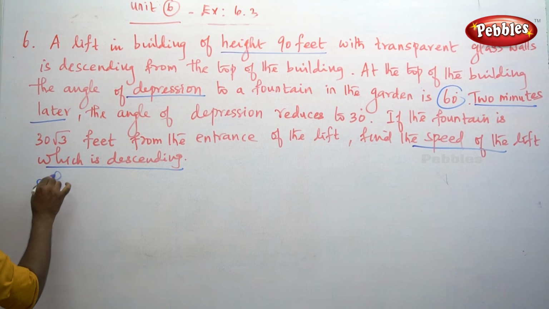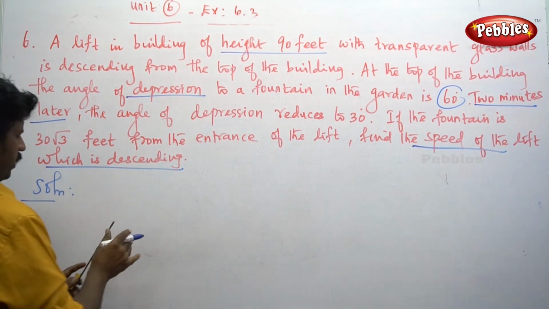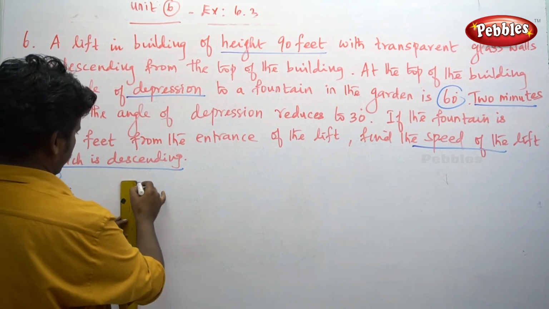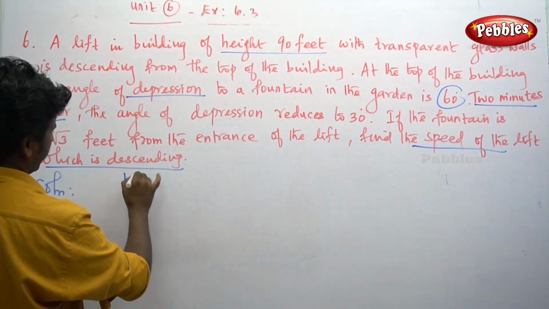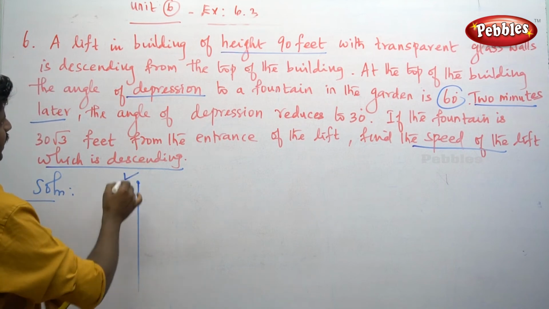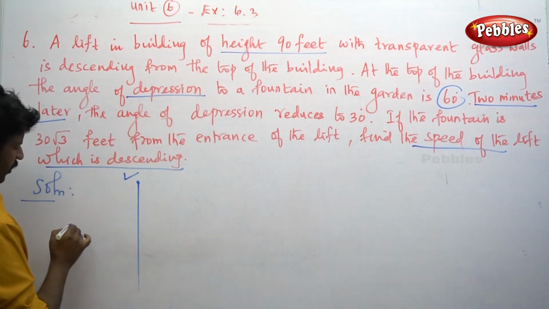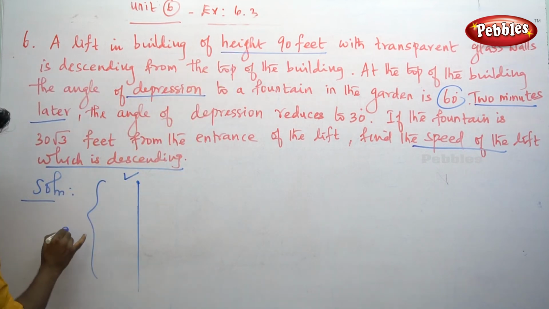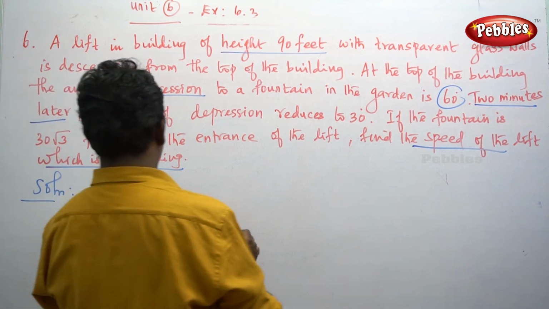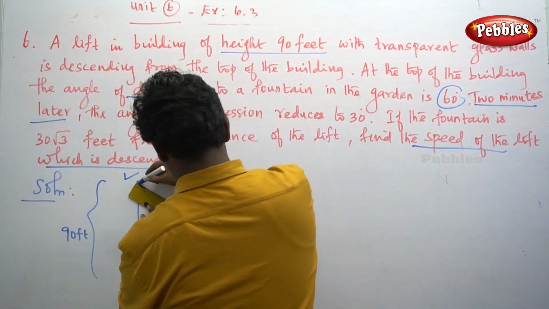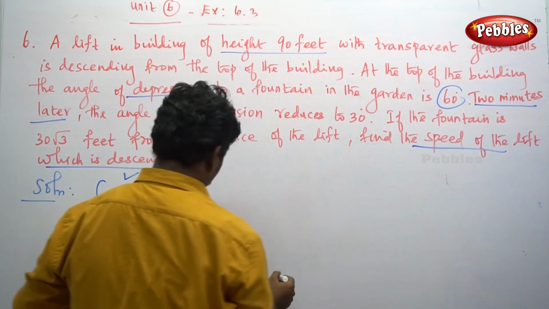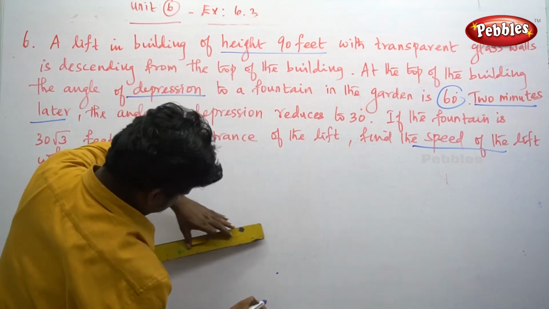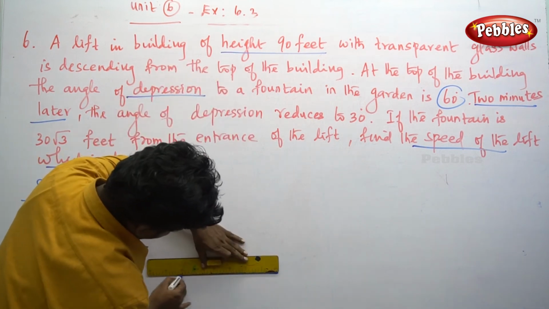See the solution now. So this is the lift, right? L அப்படினு மார்க் பண்ணிக்க. The height of the lift எவ்வளவு கொடுத்திருக்கு? 90 feet. The overall height 90 feet. Right. So the fountain of a garden here. We have to mark this point here. So draw a line.